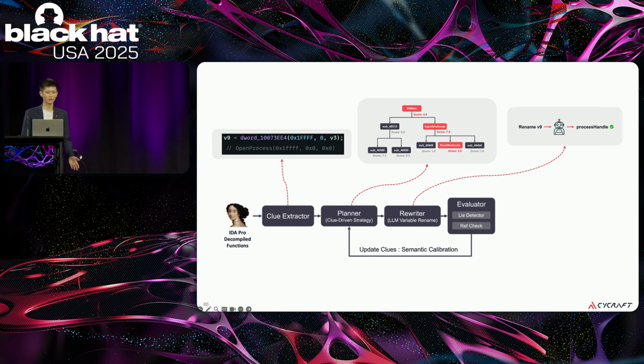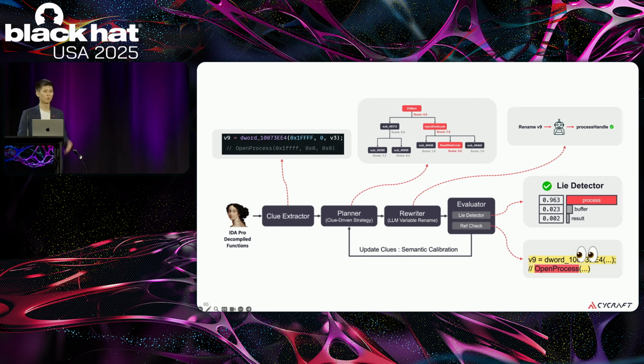Next, we start our rewriter to rewrite the function names and variable names. We will not fully accept all of these rewrites. We use the evaluator to decide whether each modification should be accepted or denied. So there is a lie detector using the probability distribution, and also the reference check to see what it considers.